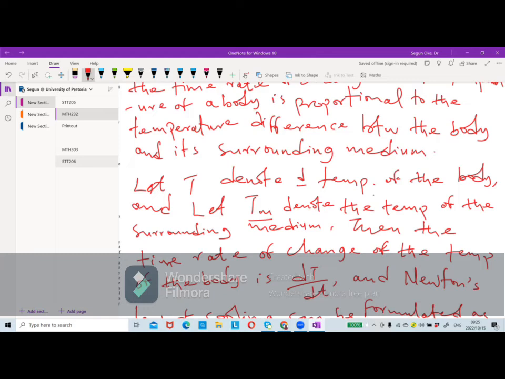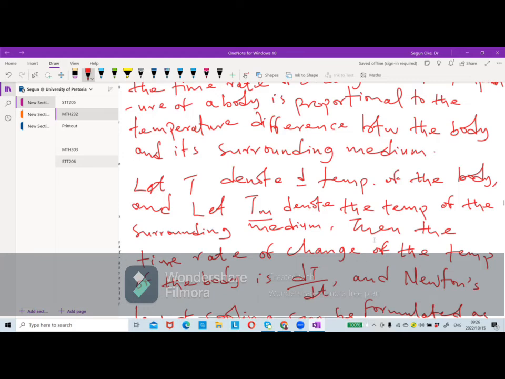Who can tell us the medium, the body temperature? What is body temperature? The minimum body temperature we have is what? 36.9.